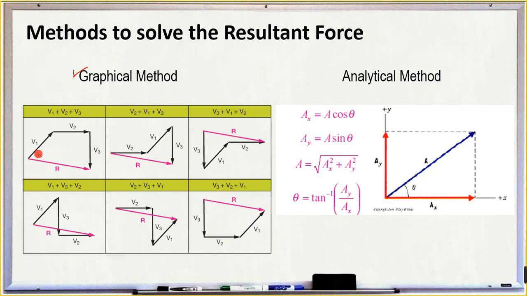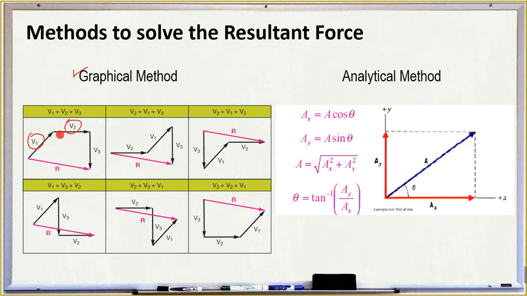So here, to calculate the resultant, you're going to arrange the given vectors. Here we have several vectors. You arrange them, that is, connect the tail of the next to the head of the previous one, just like V1 and V2.